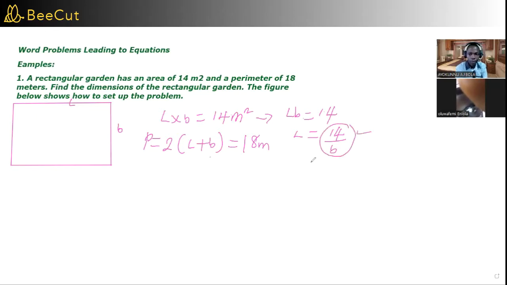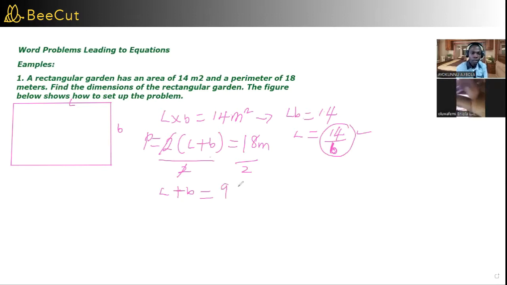From the second, if you divide by 2, the 2 is going to cancel, and you have length plus breadth to be 18 over 2, which is 9. So length plus breadth is 9.